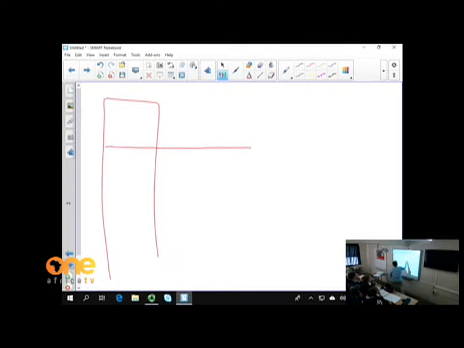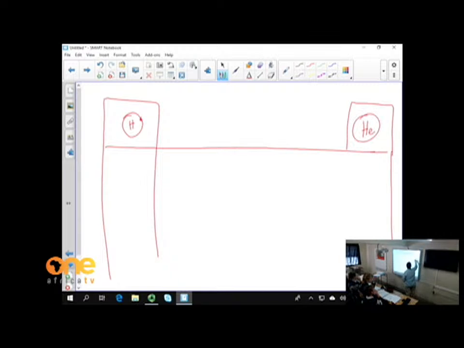where we're going to have a look at the electron distribution. Hydrogen has 1 electron. Right over here, next element there, helium has got 2 electrons. Yeah, you've done it.